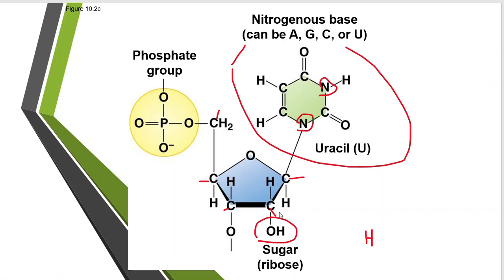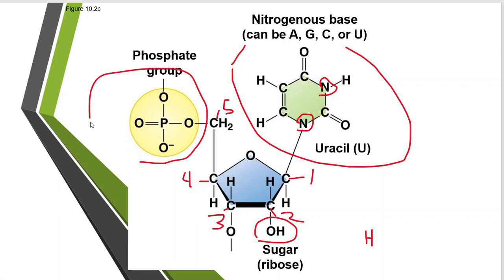Now, we also need to make sure that we understand, this is carbon number 1, this is number 2, this is number 3, this is number 4, and this is number 5. You need to know those because it turns out that these are going to join each other 5 to 3, and we'll talk about that in the appropriate place.